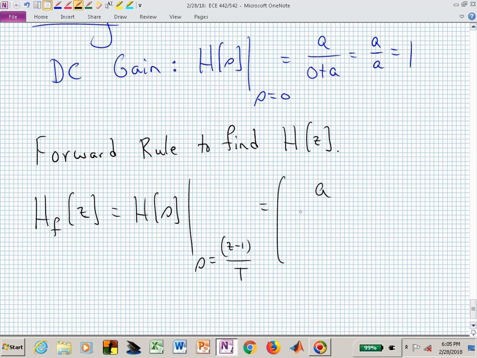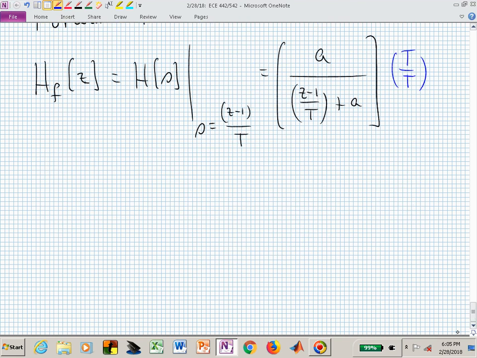So now we had an A, there was no S upstairs, we had one S downstairs. And if we wanted to clean this up a little bit, we might multiply by 1, where my 1 is T over T, and now my discrete equivalent using the forward rule, the numerator is AT.